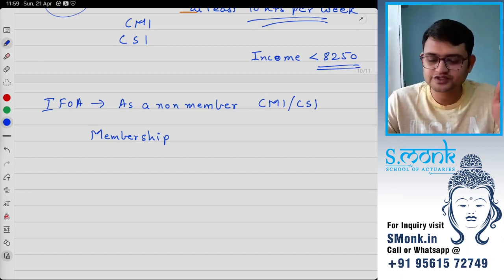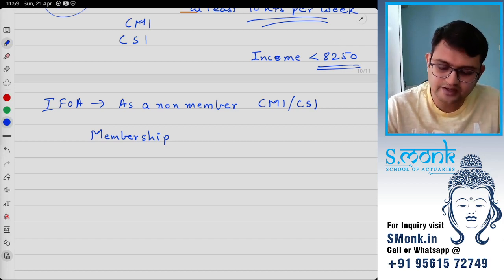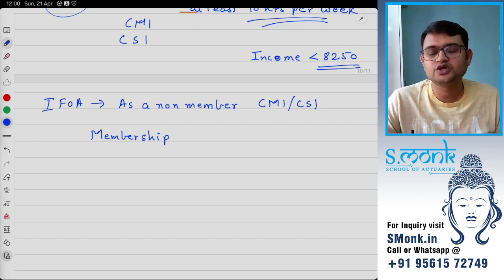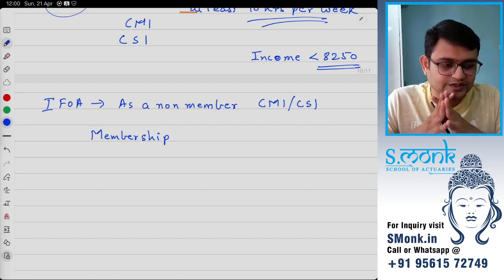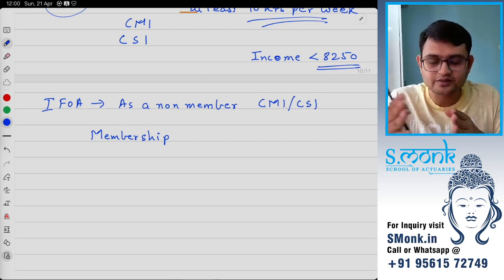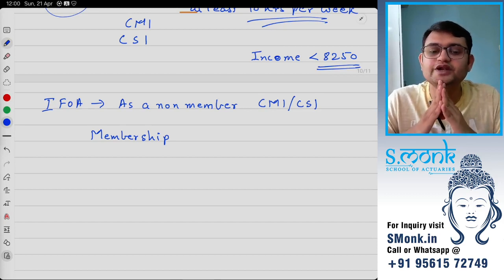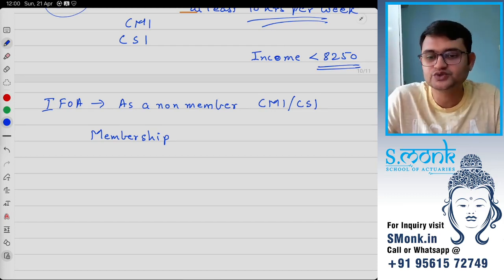Right now the conversion rate is around 100, so you can assume it is 8 lakh. So if your income is less than 8.25 lakh rupees, you will be eligible for reduced rates. I will be talking about fees in terms of reduced rates.